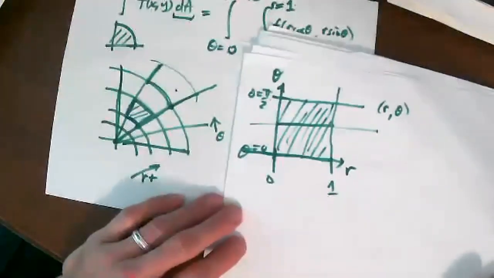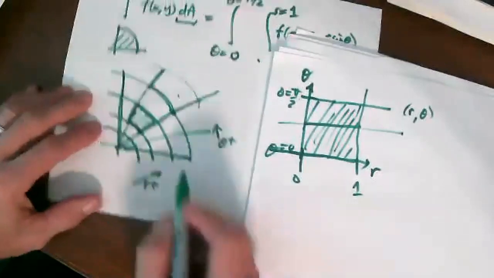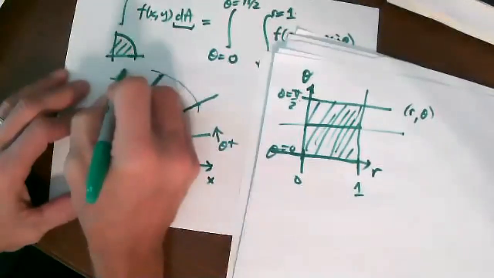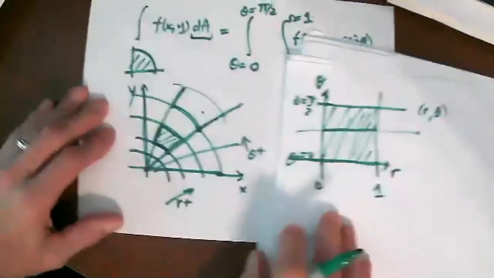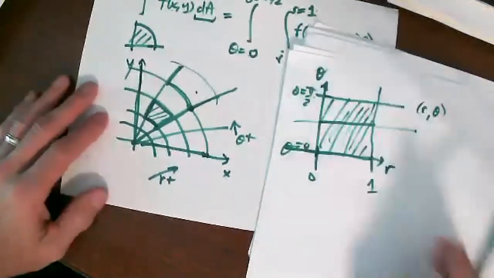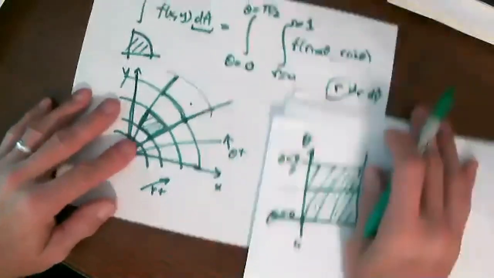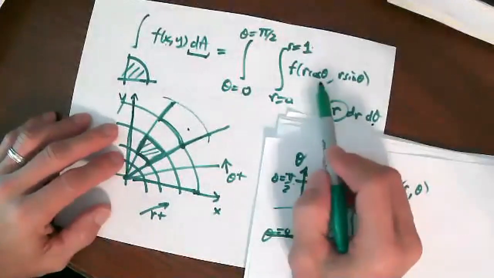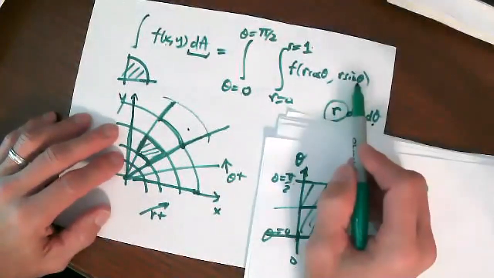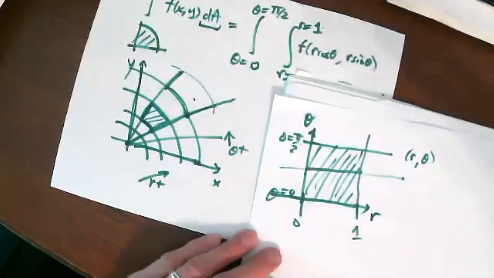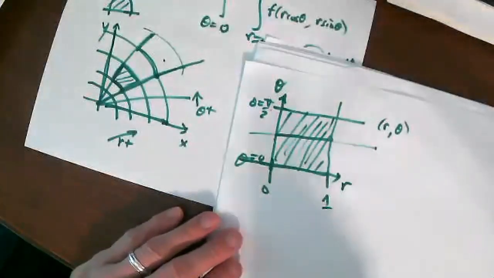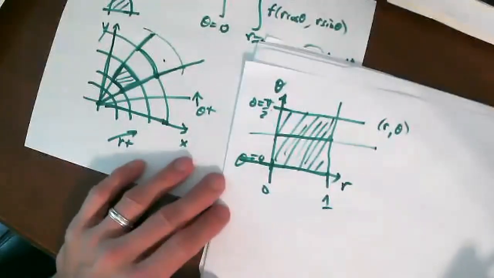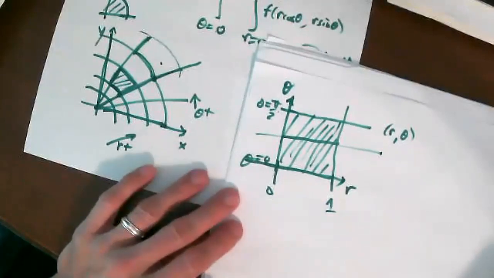I mean, you have the formula that tells you how to get a point in the x and y plane from the r and theta coordinates. I've already used it up here. This is the formula that tells you how to get the x coordinate and the y coordinate in terms of the r and the theta coordinates. You need to stop thinking about just the formulas, though, and think geometrically.